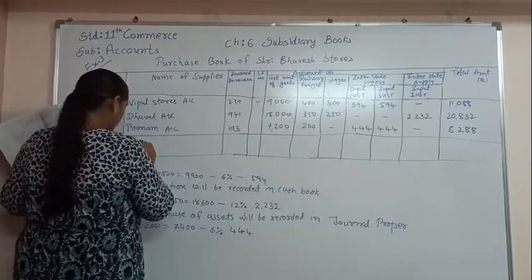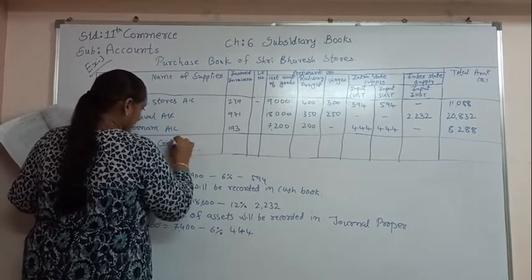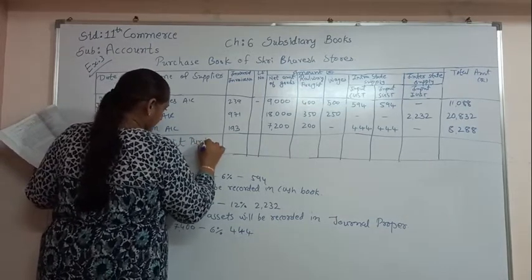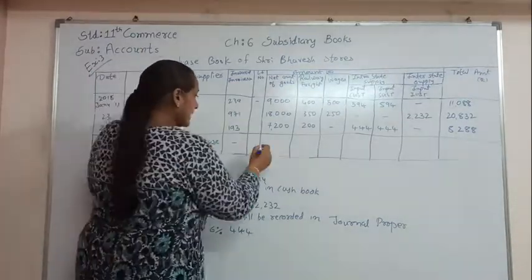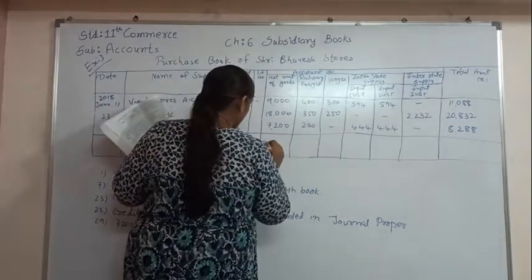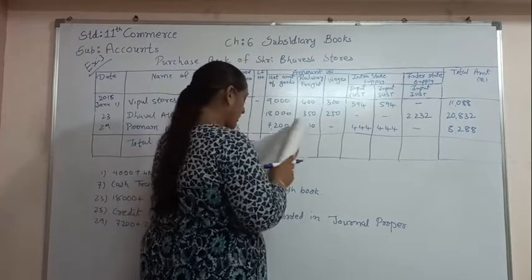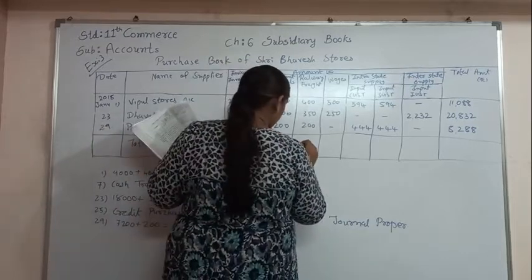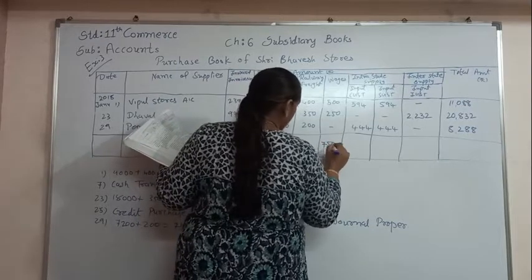Total credit purchase, and that will be 34,200, and total of railway freight will be 950, and total of wages will be 750.